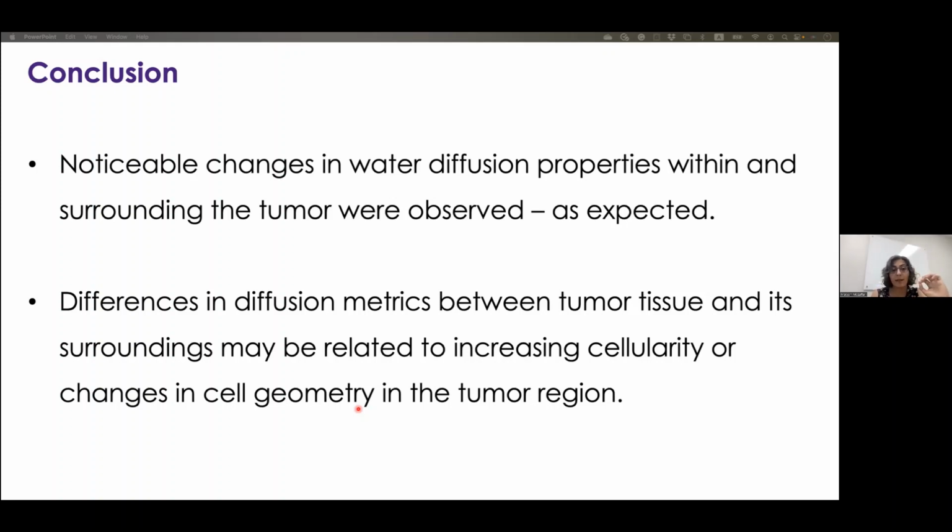Cystic glioma cell is an aggressive tumor model. So we propose that the rapid growth in this tumor model exerts pressure on surrounding tissue. So we can say those observed differences in diffusion metrics may be related to increasing cellularity or changes in cell geometry in tumor region.